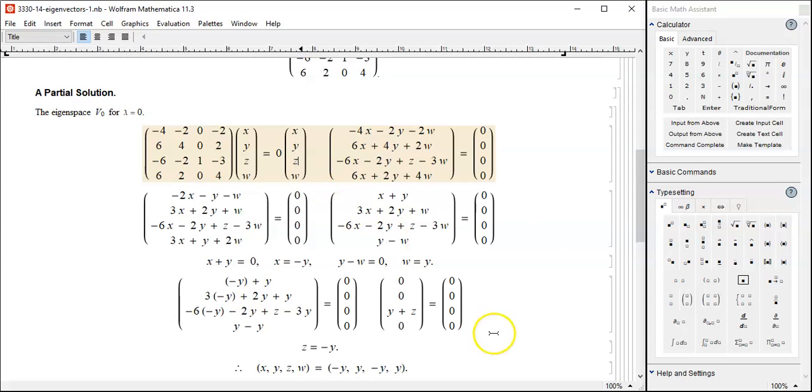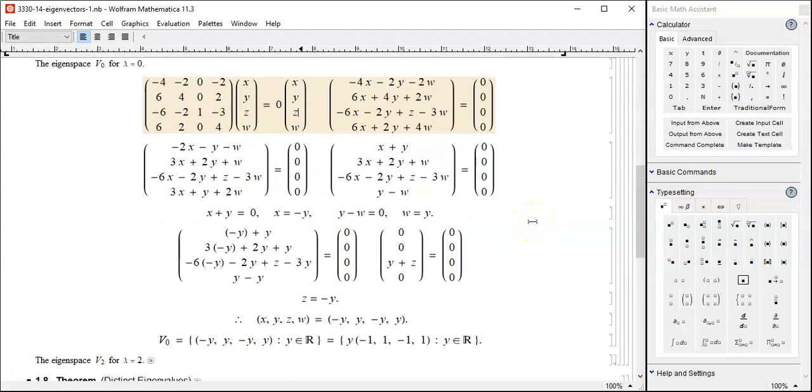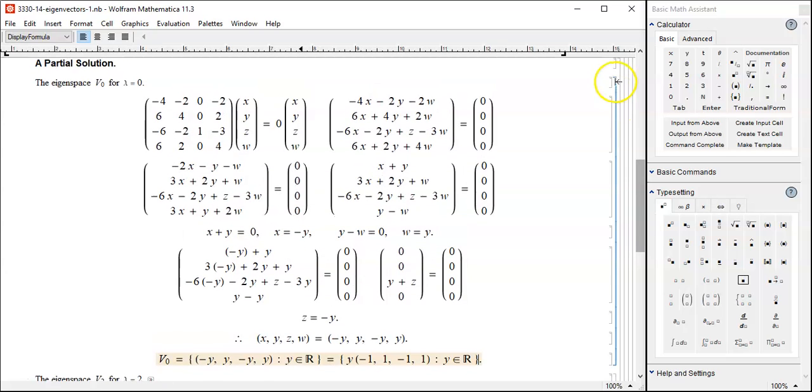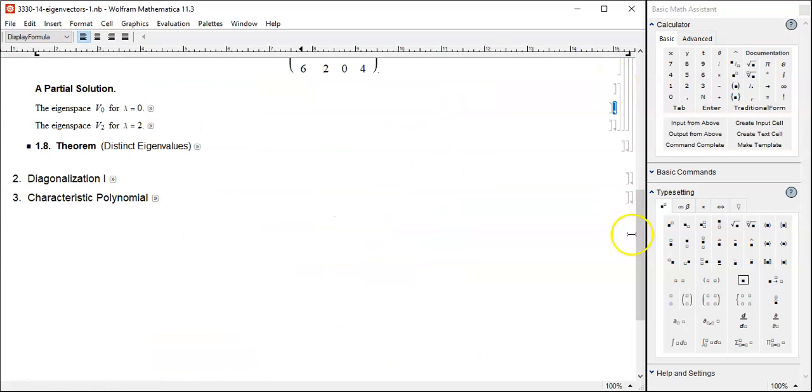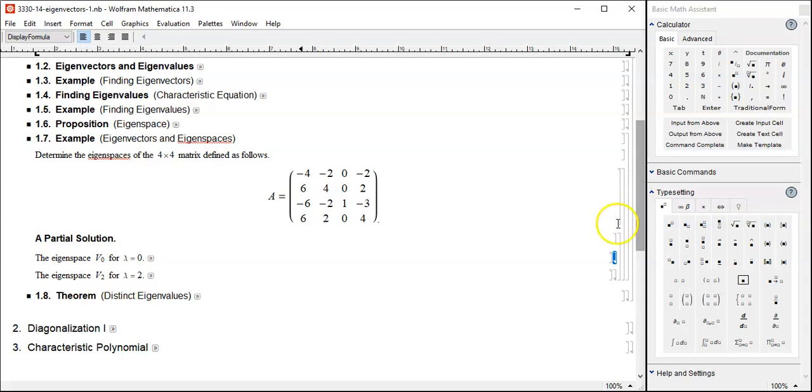Do some elimination and substitution, and after some time-consuming computation, we got this, and we can write it as a scalar times a vector, so it's a one-dimensional subspace. You can do the same thing for lambda equals 1. Again, it's going to be a one-dimensional subspace.